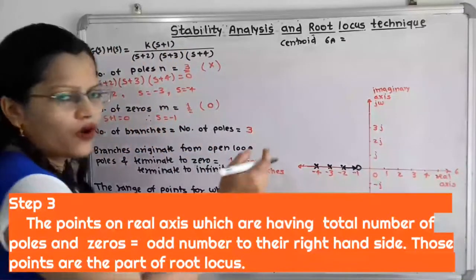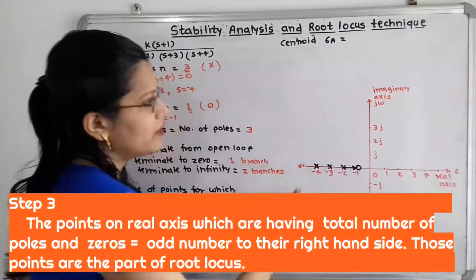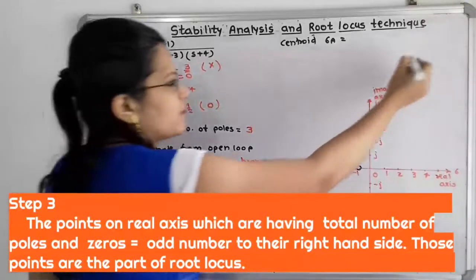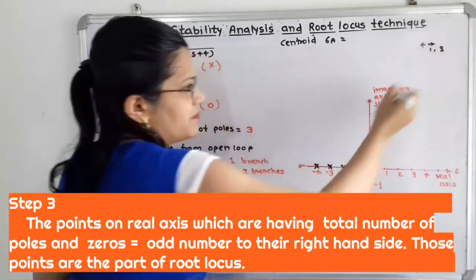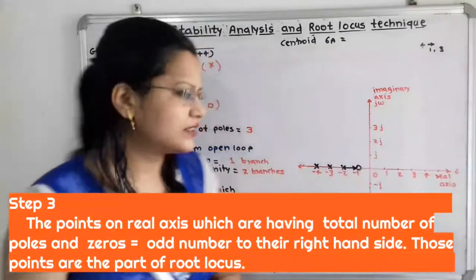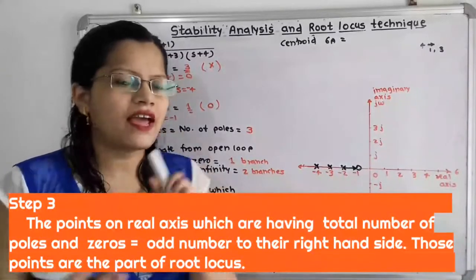What is the sum of open loop poles and zeros here? 1, 2, 3, 4. So the total is 4. That means the odd numbers are 1 and 3. To find the range of points, we will try the trial and error method.